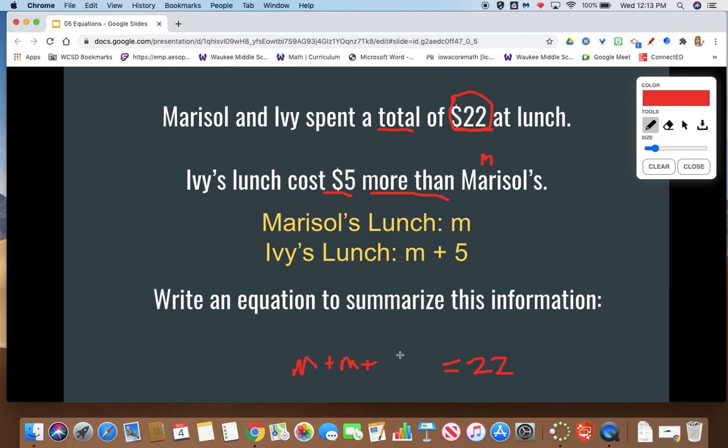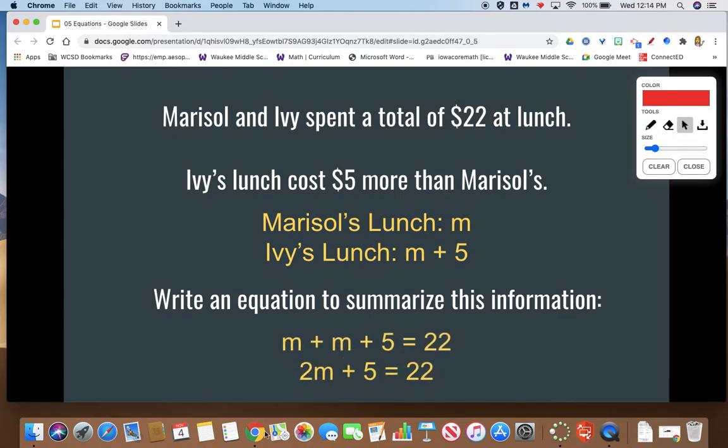I look for any like terms, which would be my M's. M plus M is 2M. My constant of 5, I do not have any other like terms, so that stays by itself. And we set that equal to our total, which is 22. So our equation that works for this problem is 2M plus 5 equals 22.